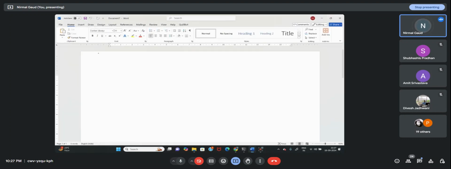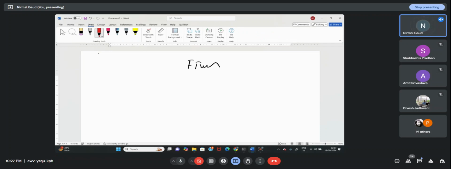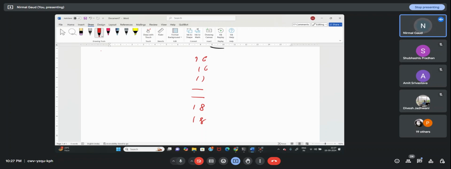There are two kinds of fill. One is forward fill, one is backward fill. Like this: 16, 16, 17, this is empty, this is empty, 18, 18. In the forward fill, if this is 17, fill this with 17, this with 17.